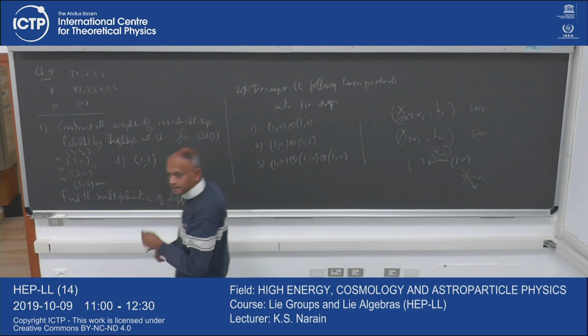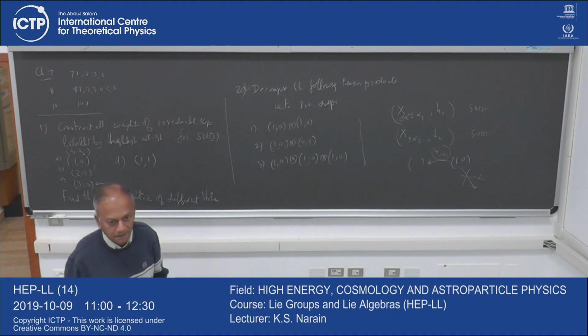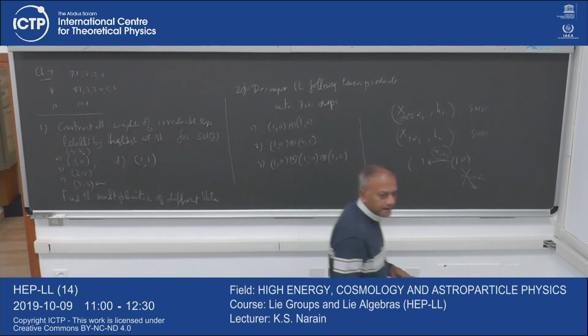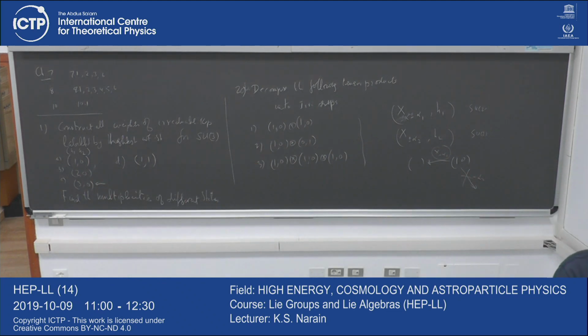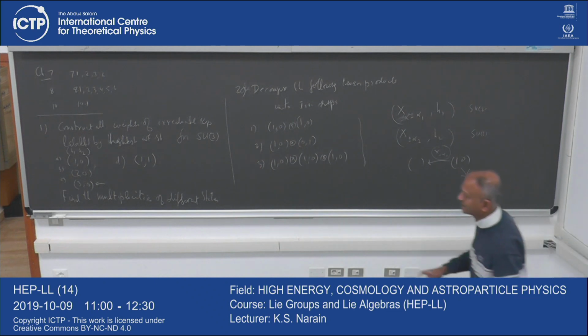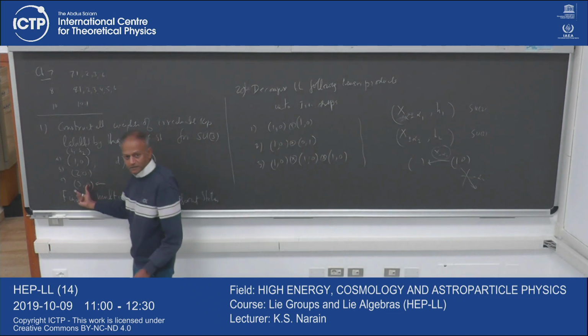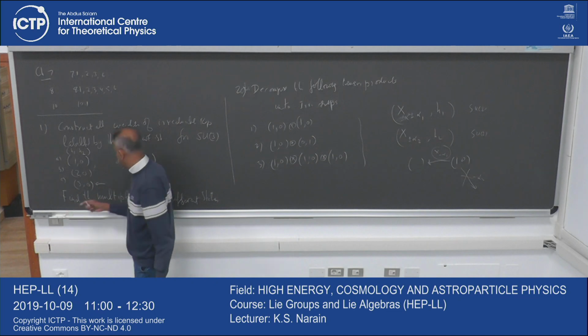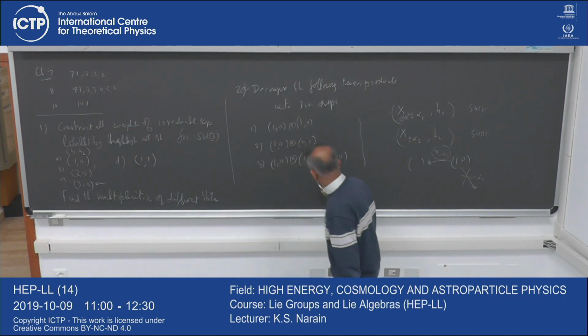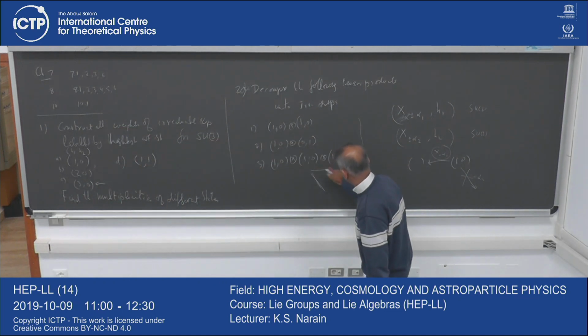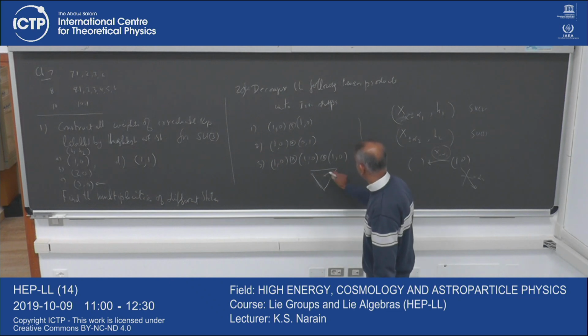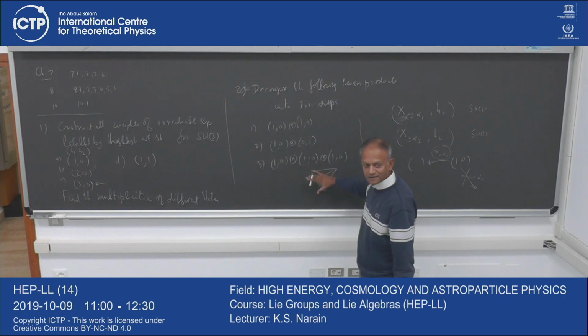Do I gain anything by considering 0, 3 instead of 3, 0? No, it will be equivalent. It's just a complex conjugate representation. It's like for the fundamental, for the 3, you had this kind of a triangle, the weights of the 3. 3 bar is just minus.